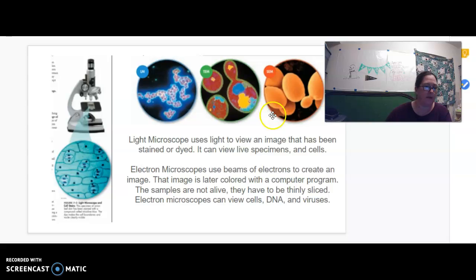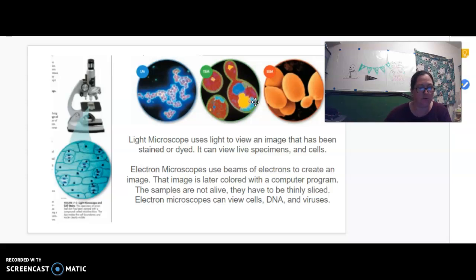But electron microscopes allow you to zoom in much more. So these are all yeast cells viewed under different types of microscopes. So this would be a light microscope, and then these are two different types of electron microscopes: transmission and scanning microscopes. And these use what we call false color.